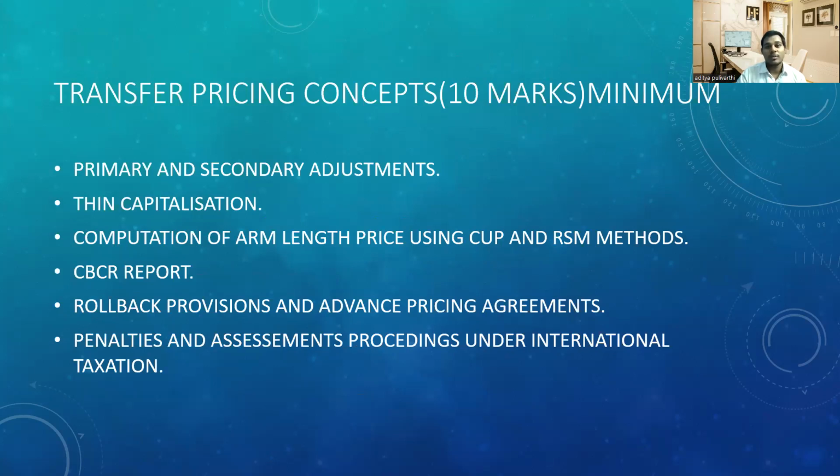Next, in international taxation, the transfer pricing concepts consist of 10 marks minimum. In that, primary and secondary adjustments and thin capitalization, computation of arm's length price using CUP and RSM method, that is comparable uncontrolled price method and resale price method, then CBCR report, country by country reports, rollback provisions and advance pricing agreement, penalties and assessment procedure under international taxation.